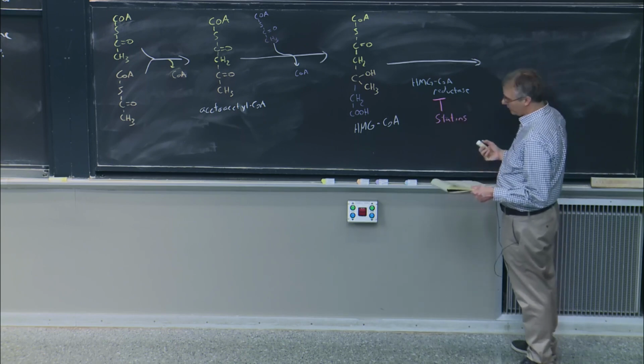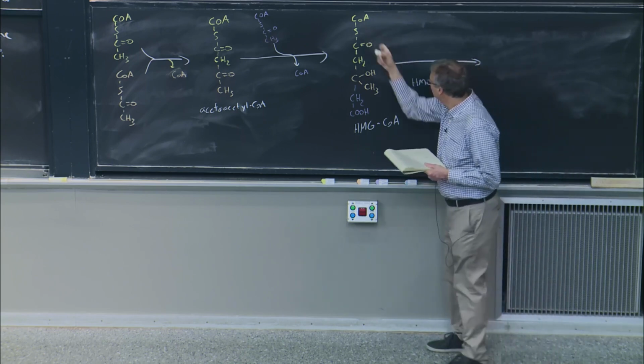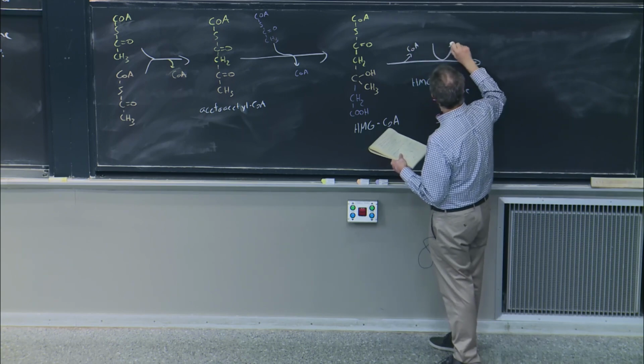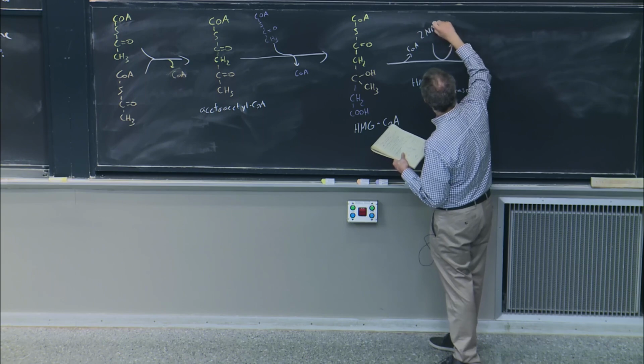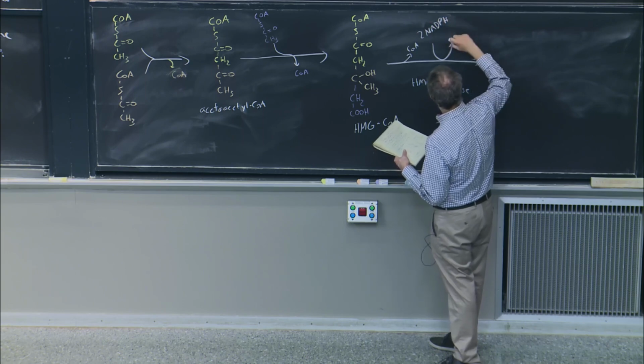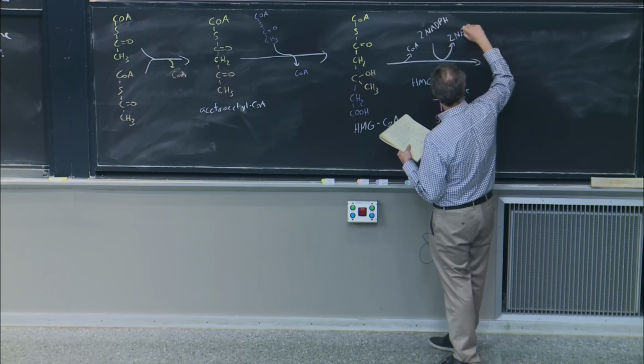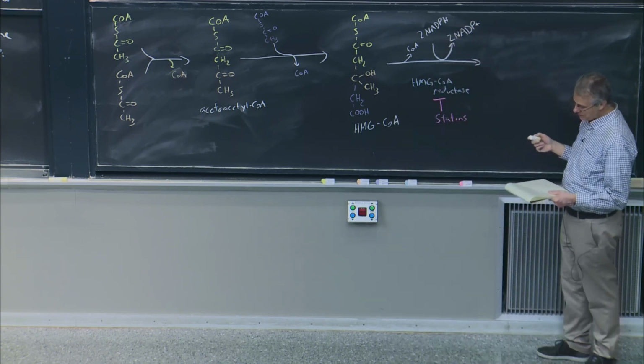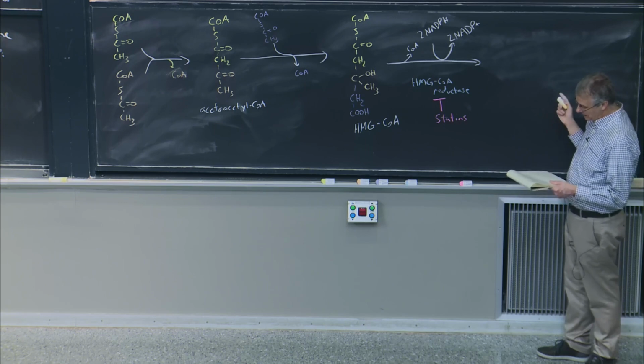What HMG-CoA reductase does is it releases that CoA group and uses 2 NADPH, oxidizing them to 2 NADP+.